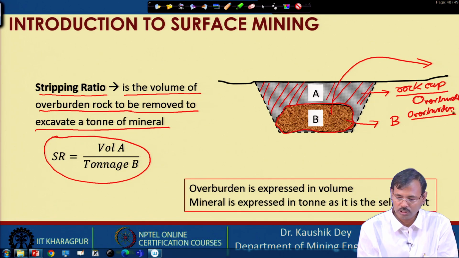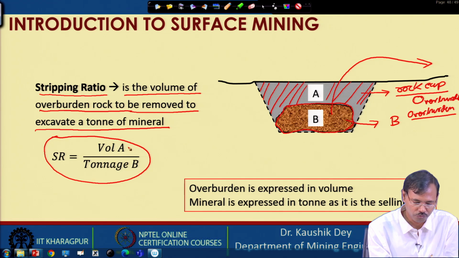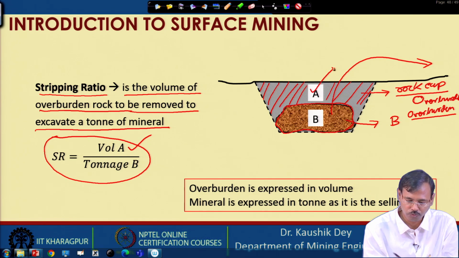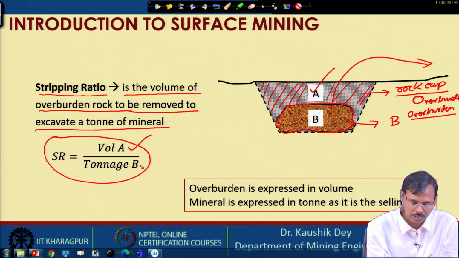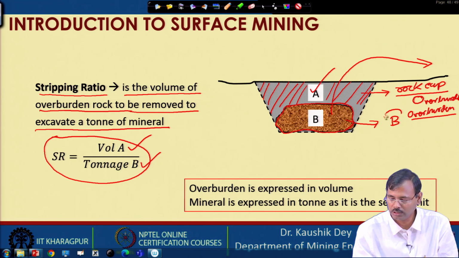Okay. So, this stripping ratio is the ratio of volume A, that is the volume of overburden, and tonnage B, because the ore is in general expressed in ton.